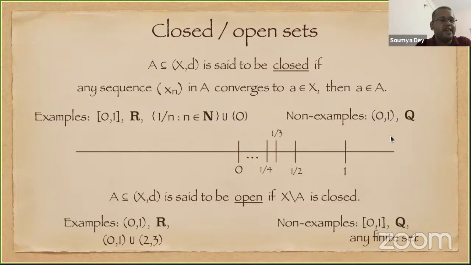Okay, someone is saying that you take all rational numbers less than square root 2, and then square root 2 will be a limit point. So you're basically taking minus infinity to square root of 2 open, and this set has a limit point.